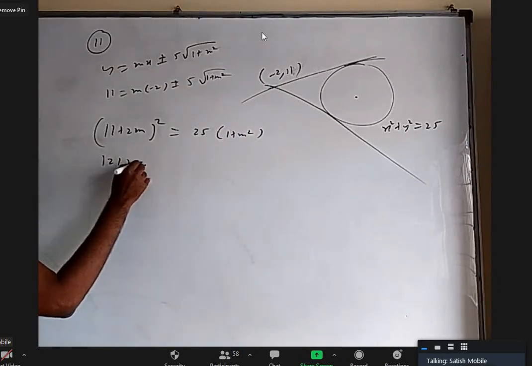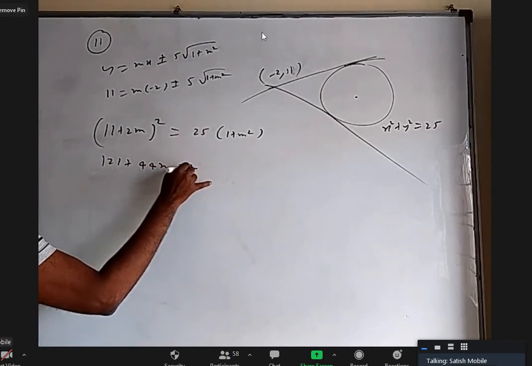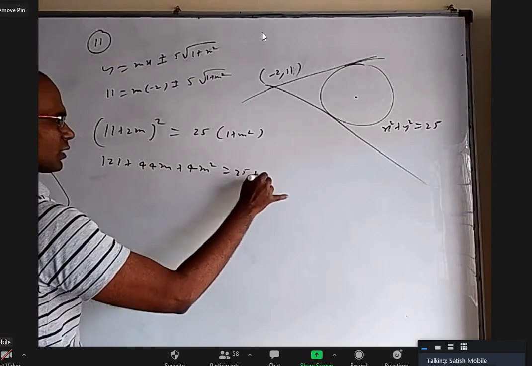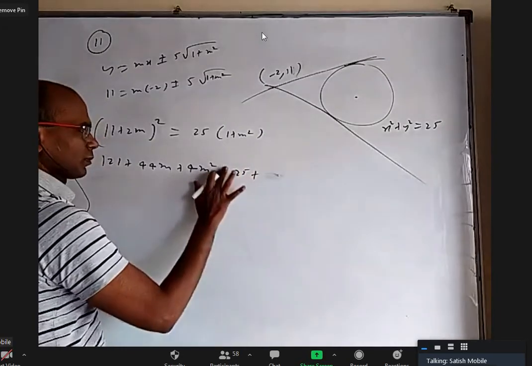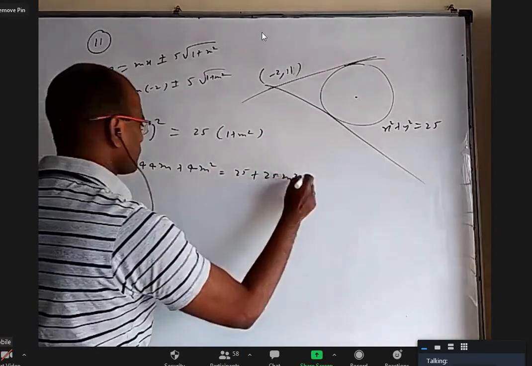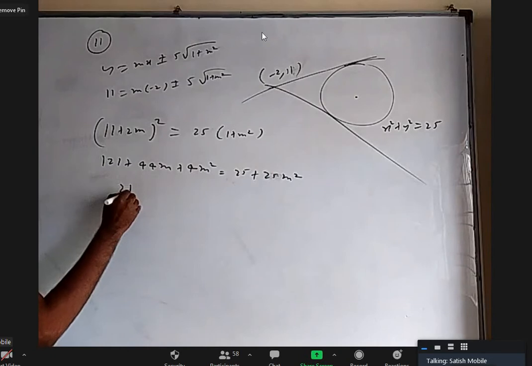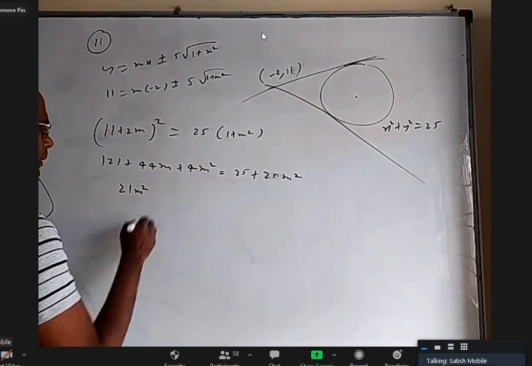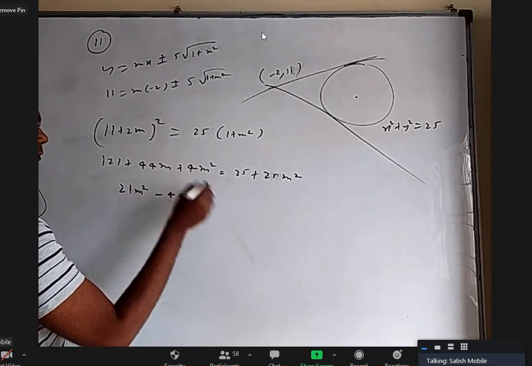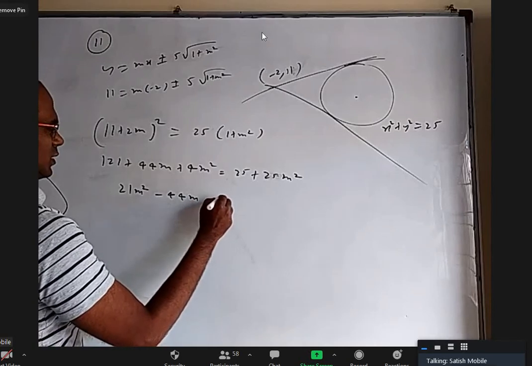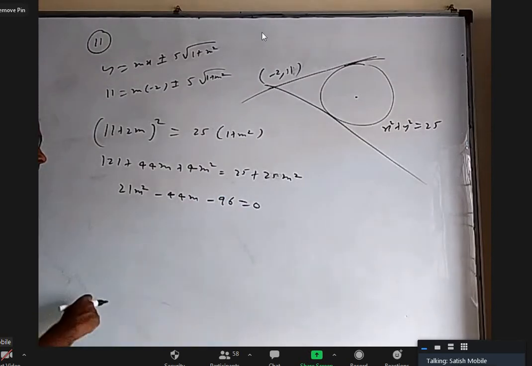That is 121 plus 44m plus 4m square equal to 25 plus 25m square. Send everything to that side, we'll get 21m square minus 44m minus 96 equal to 0.